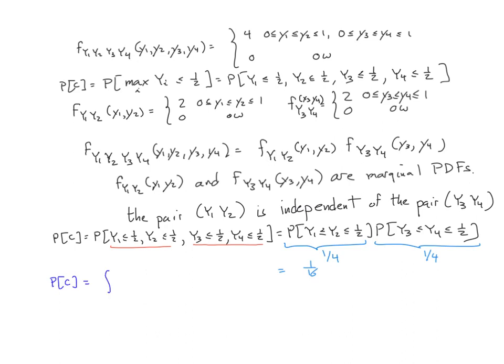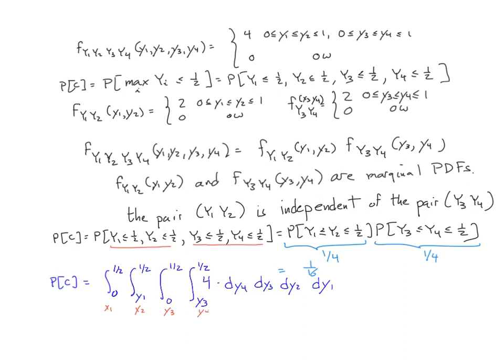It was the integral over y1 from 0 to 1/2, and the integral over y2 from y1 to 1/2, and then the integral over y3 from 0 to 1/2, and the integral over y4 from y3 to 1/2, and then the joint PDF over the region 4, and now this will be dy4, dy3, dy2, dy1.